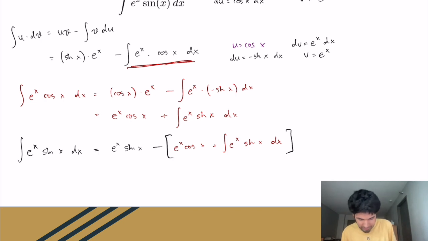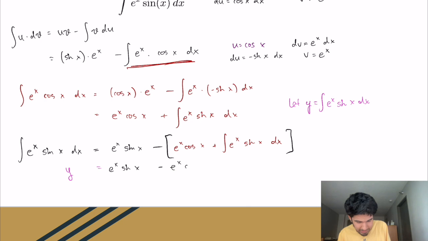So if it helps, let's let y equal the integral of e to the x sine of x dx. Then we have y equals e to the x sine of x minus e to the x cosine of x minus y. And now it's a simple algebra problem.